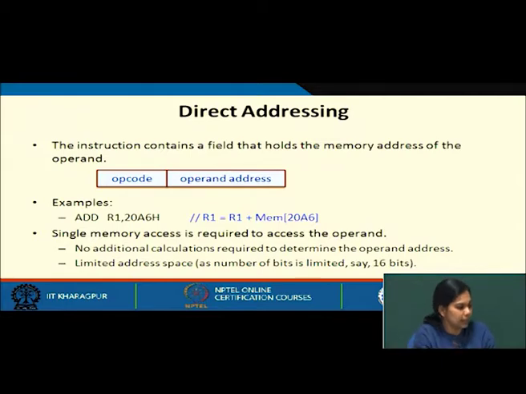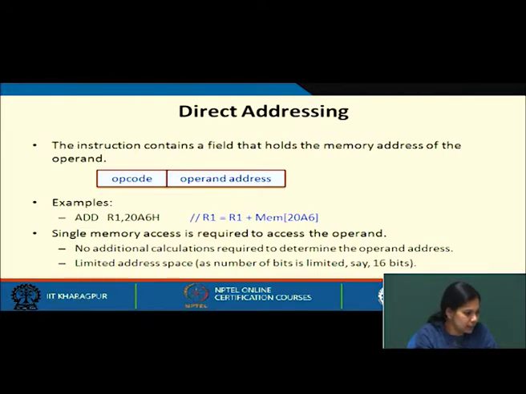Moving on with direct addressing mode, here the instruction contains a field that holds the memory address of the operand. So, in direct addressing mode, the field which specifies the memory address is your effective address. That means, this is the address from where you will get the operand.